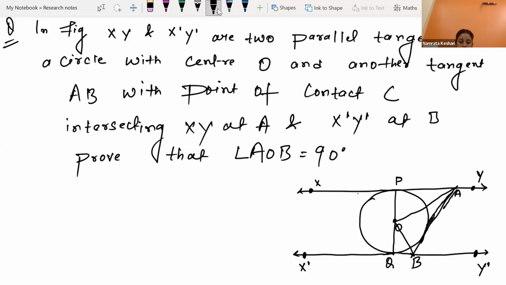Okay, this type of figure is given. It's already there. The figure is there in your book. You don't need to think about how we'll be drawing the figure. Let's see what the question says.